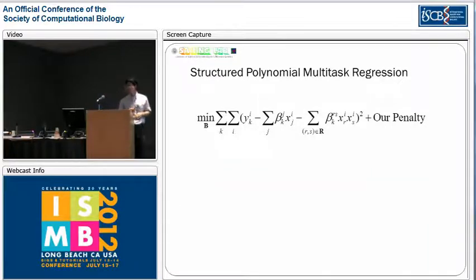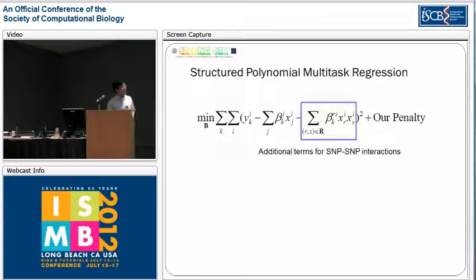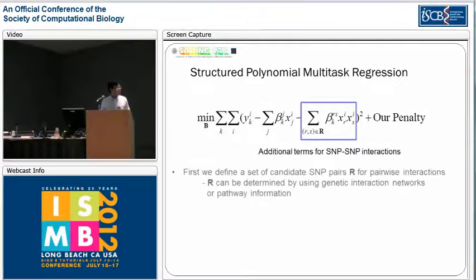And also, we extended our model to include SNP-SNP interactions. Here we have additional terms for SNP-SNP interactions. For example, in this case, it represents the interaction between the SNP R and the SNP S. For this model, we first find the set R, which is the set of candidate SNP pairs for pairwise interactions.